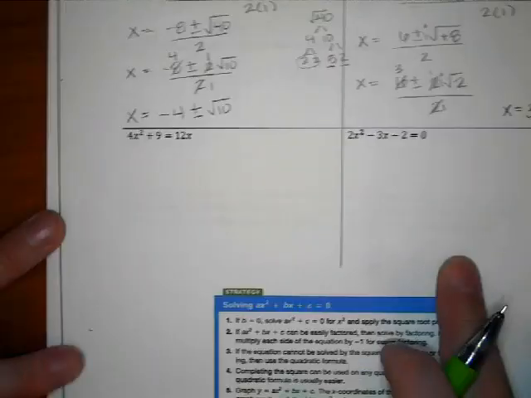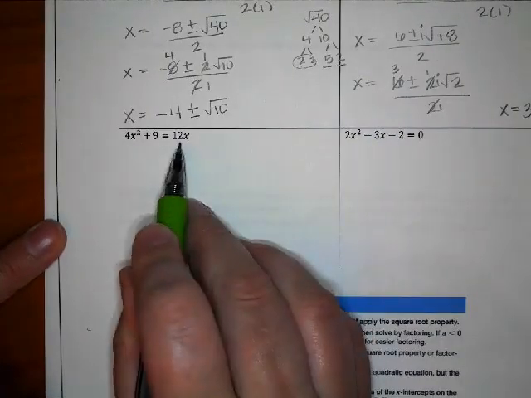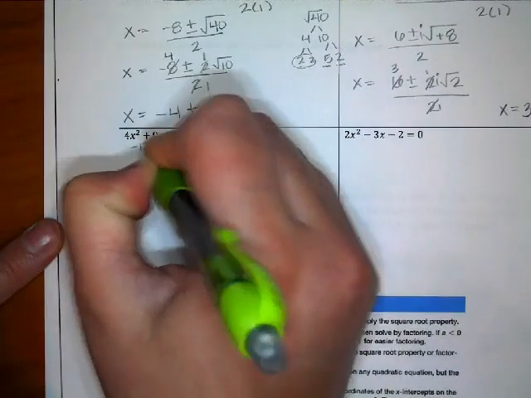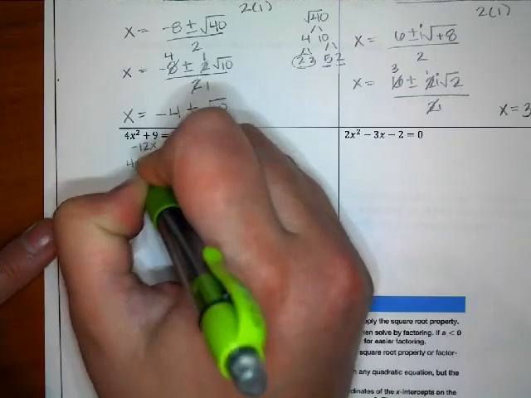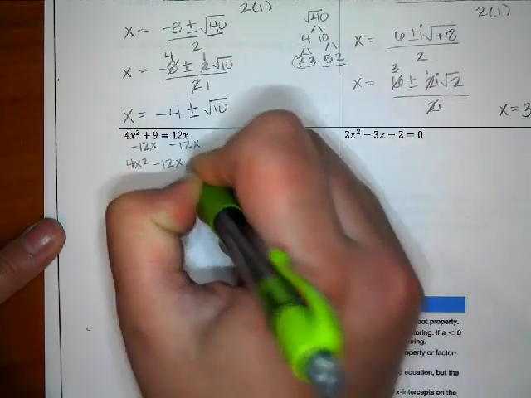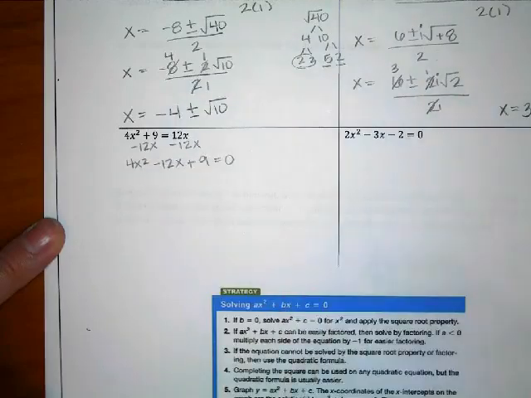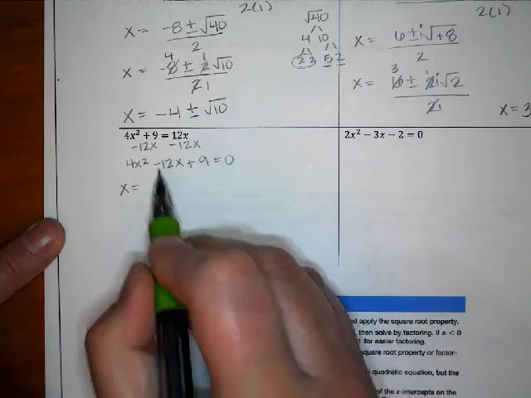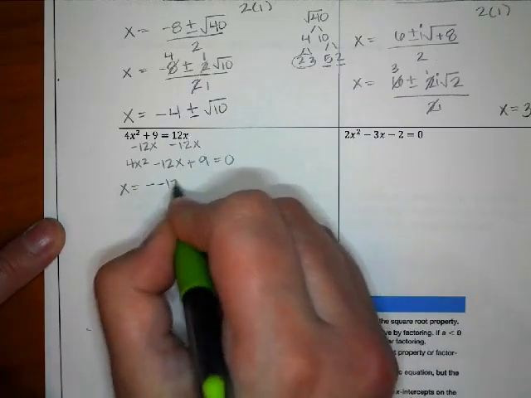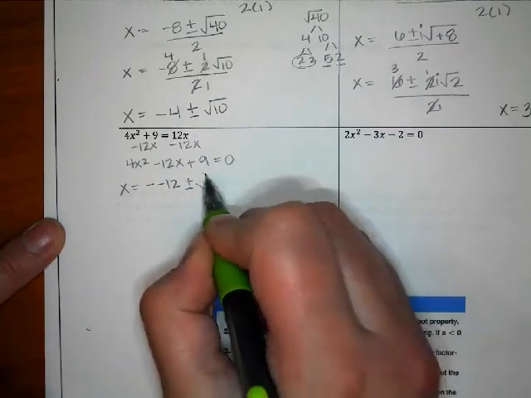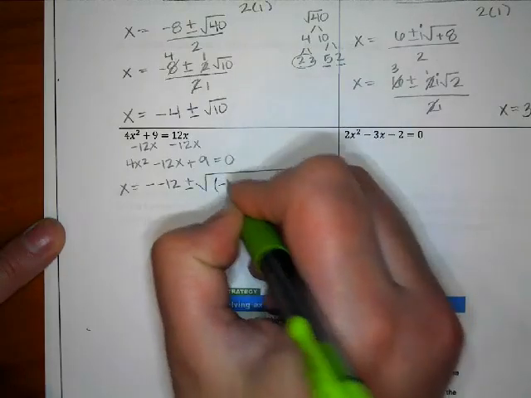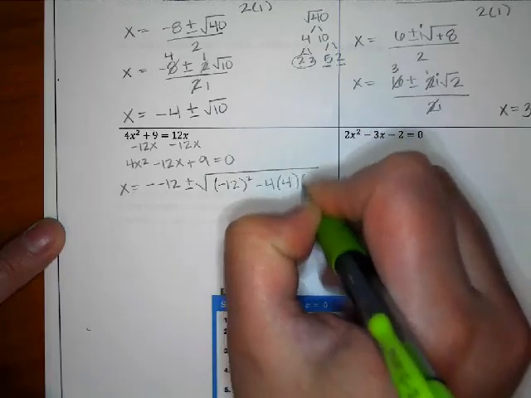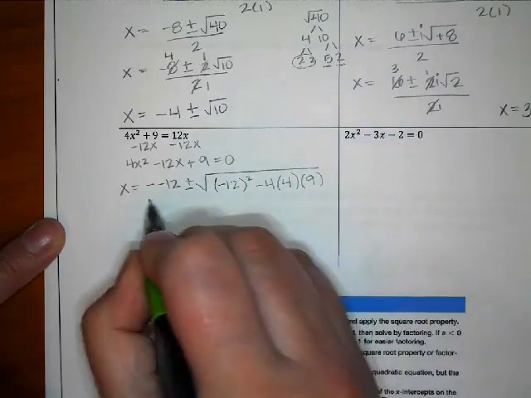All right, this one needs to equal 0 before we get started, so I'm going to subtract this over: 4x squared minus 12x plus 9 equals 0. So the negative version of b, plus or minus the square root of b squared minus 4 times a times c, all divided by 2 times a.